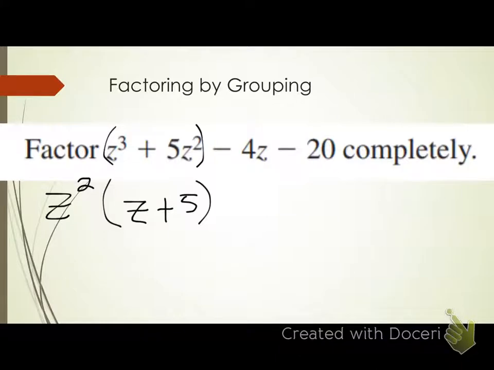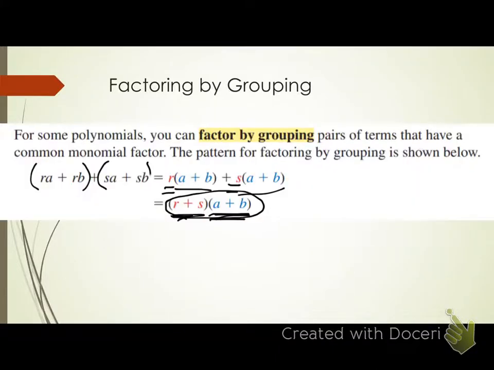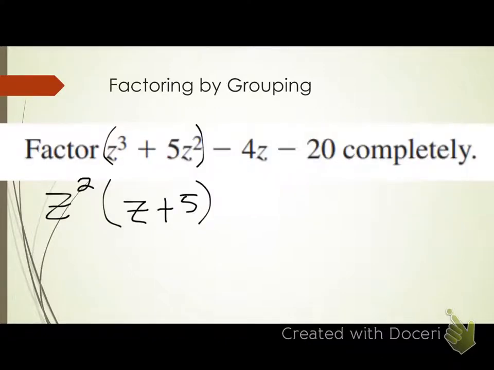Now I'm going to take a few steps back and go back to this slide. Whenever we're factoring by grouping, we want things to match up. We want to get two of the same thing pretty much. So that's what we're going to be looking for throughout our problems. Now, do negative 4z and negative 20 have a common factor?